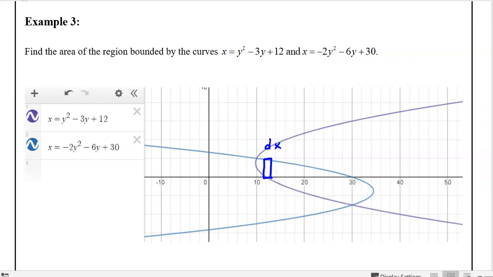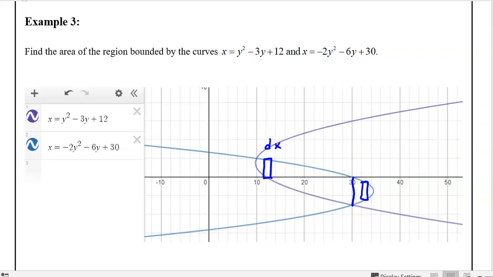If I do this, notice on the left that I have the blue parabola on top and the purple parabola on bottom. On the far right side, however, I have the blue parabola on both top and bottom. That means to integrate with respect to x, I would need to split the space into two regions, here where the curve on the bottom switches from purple to blue.